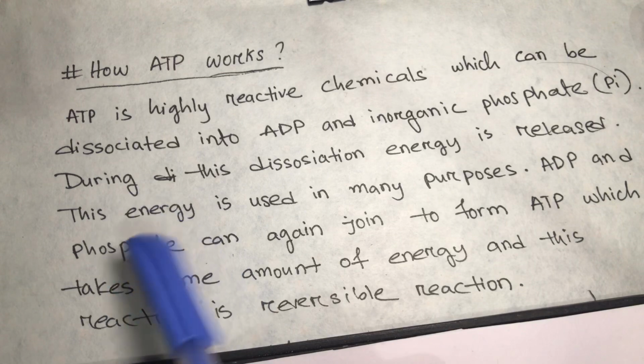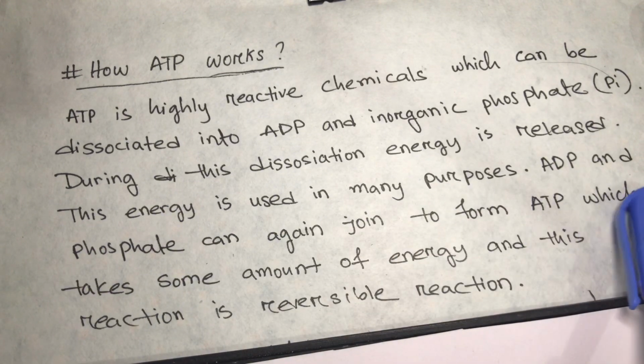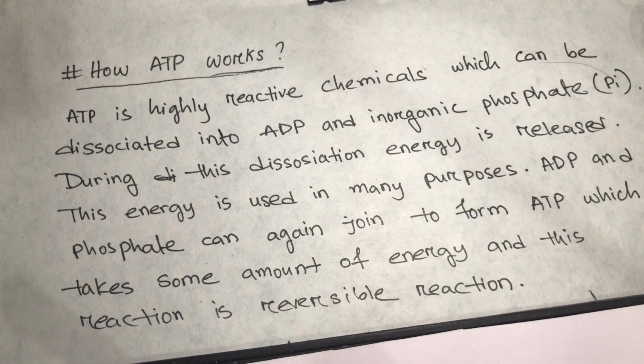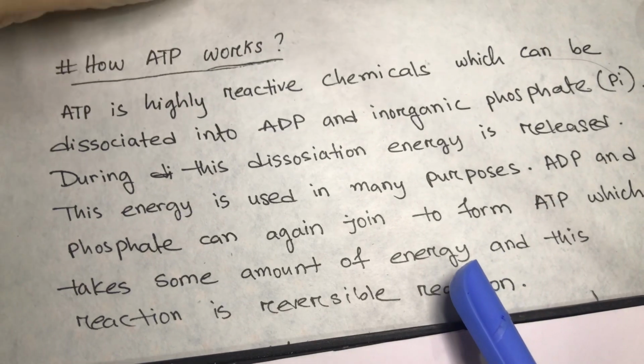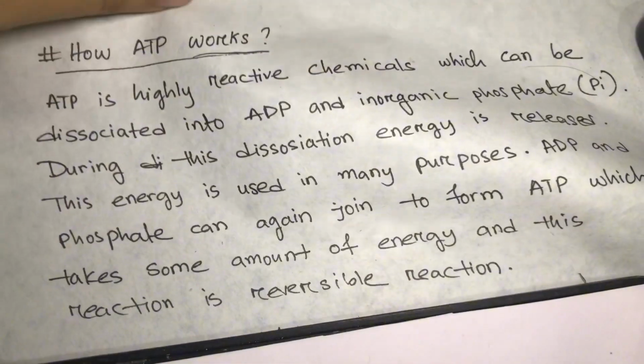This energy is used for many purposes. ADP and phosphate can again join to form ATP, which takes the same amount of energy, and this reaction is known as a reversible reaction. I hope you know what a reversible reaction is.